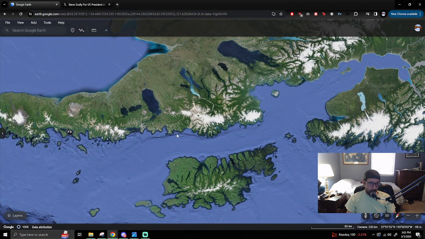This boundary that goes up and down over here and down. This boundary and then down.